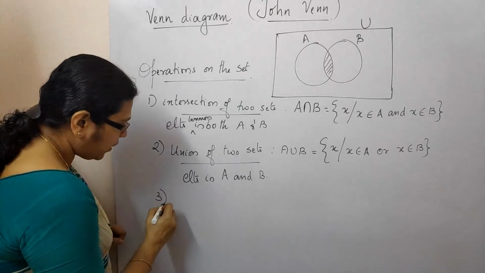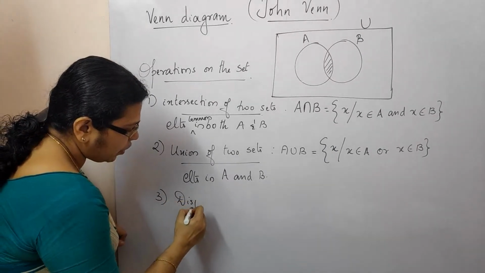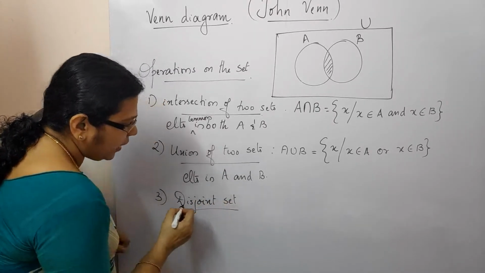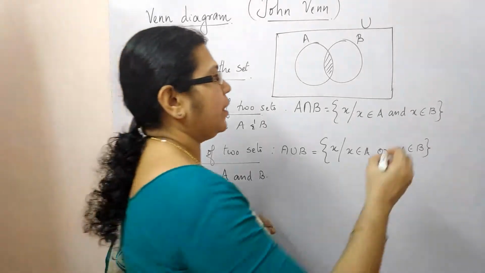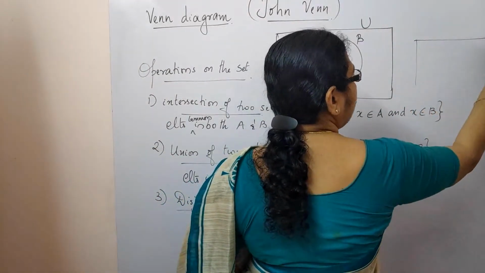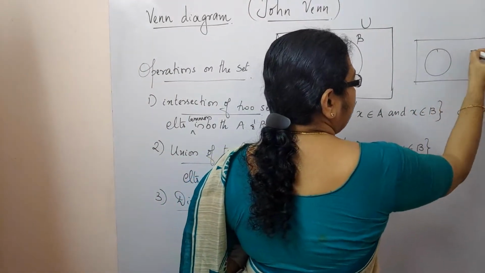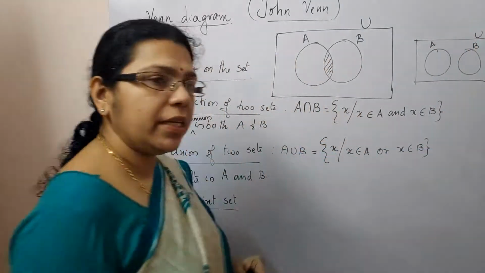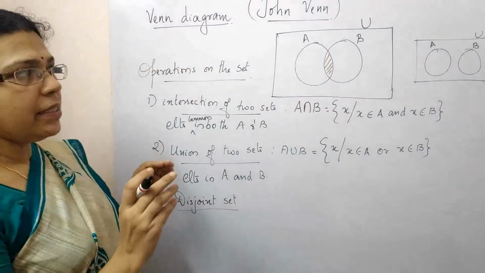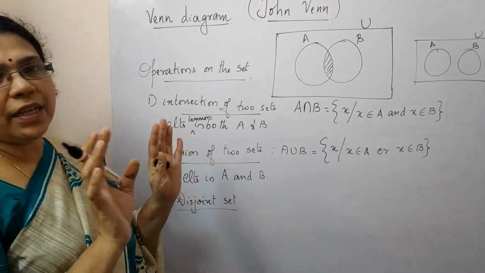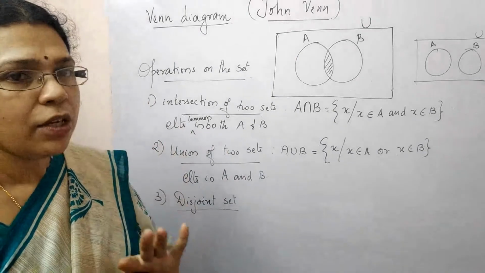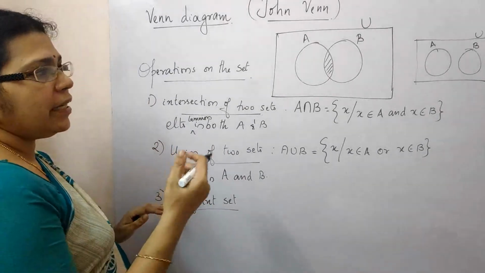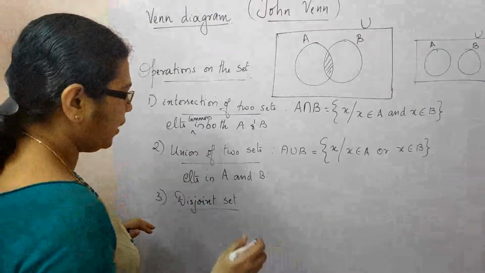Now, the third concept is the disjoint sets. What is meant by disjoint sets? Two sets A and B are said to be disjoint. I'll show you in the Venn diagram how it looks. This is A, this is B. What is the peculiarity here? None of the elements of A is common to that of B, nor is any element of B common to that of A. That means their intersection gives you a null set.